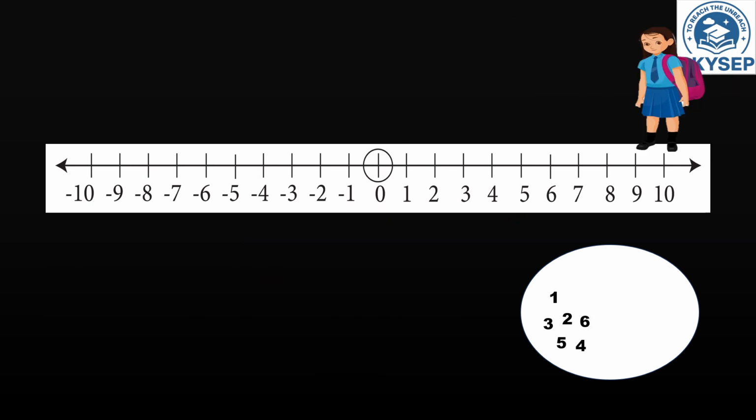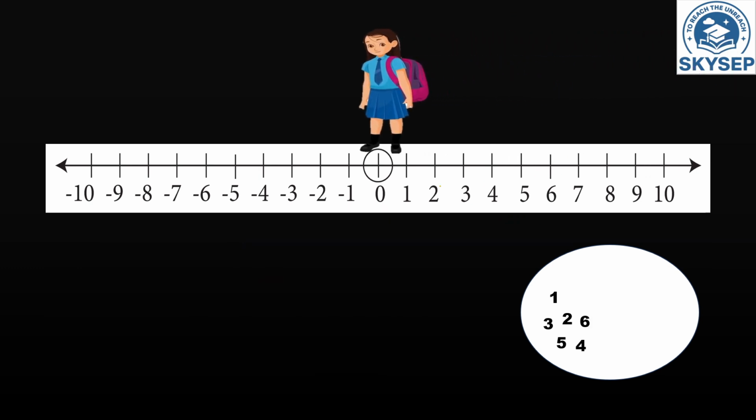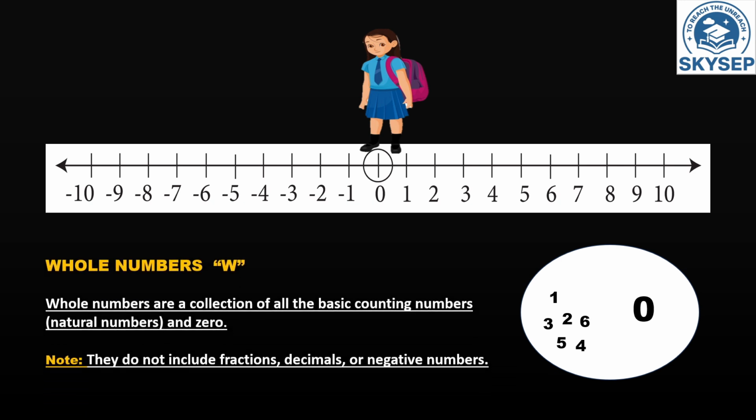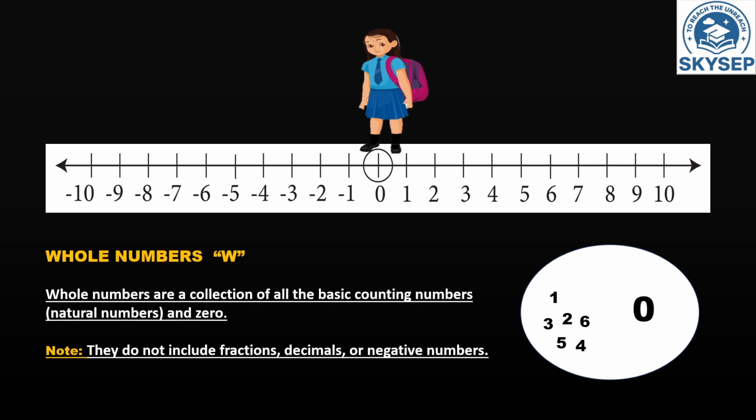Okay. So now what Swati wants to do, she wants to come from the same direction and stop at the point 0 and put it in the same circle. And this collection of numbers is called whole numbers. Whole numbers are the collection of all basic counting numbers. So what do you mean by counting numbers?